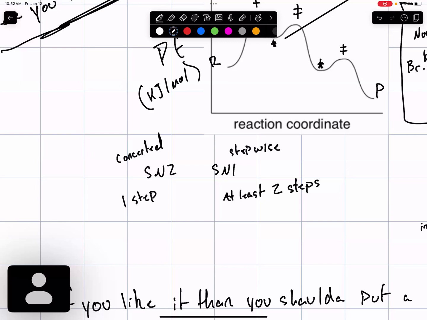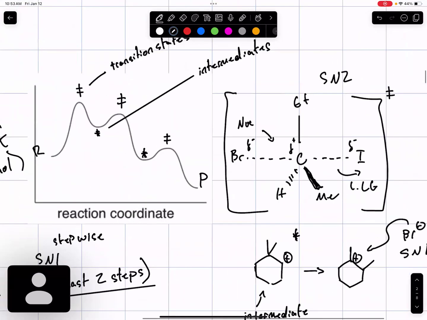Having that in mind, how many transition states are in a concerted reaction, a concerted SN2 reaction? How many transition states? Think about it. SN2, how many transition states?